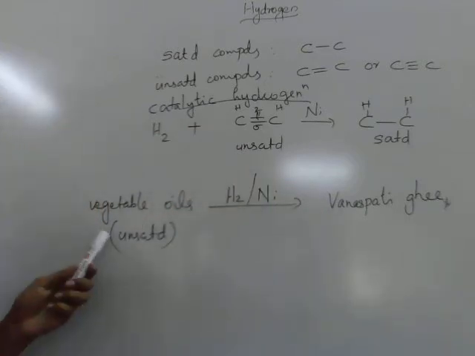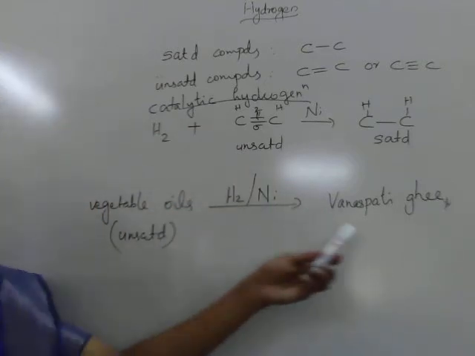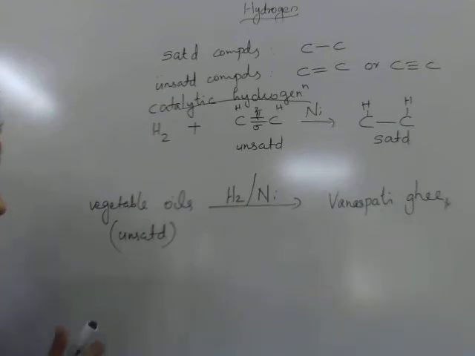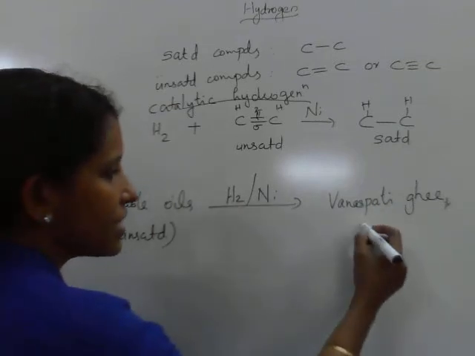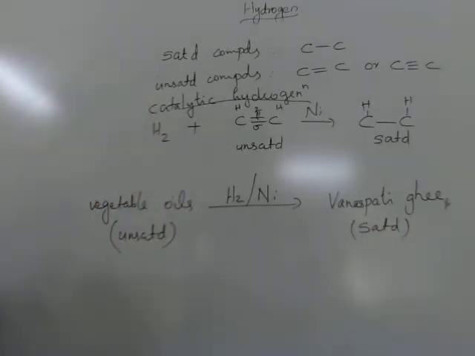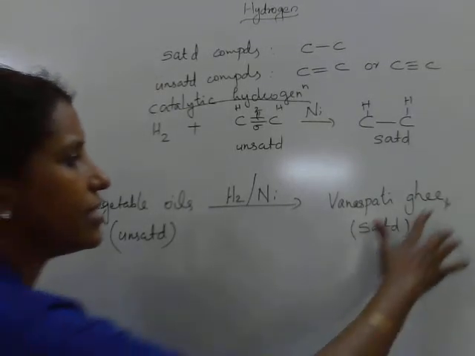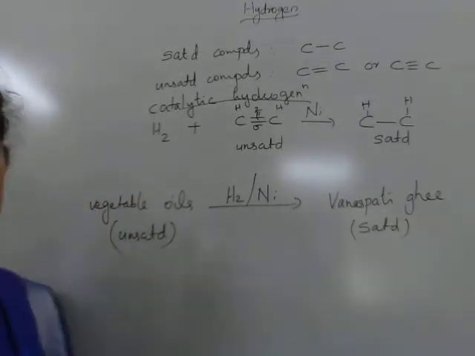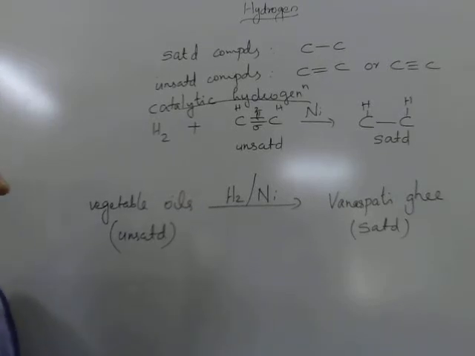What happens? These get converted to Vanaspati ghee or Vanaspati fat, which contain saturated compounds. So Vanaspati ghee is actually hydrogenated vegetable oil. For this reaction, dihydrogen is used.